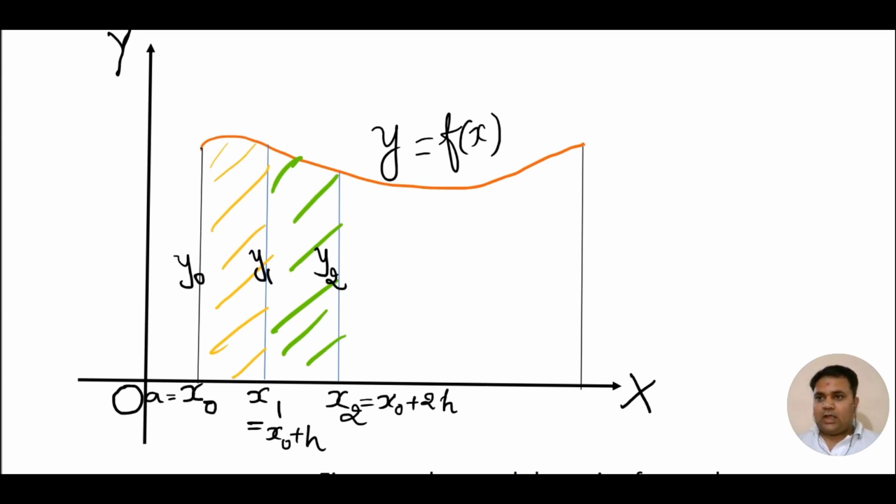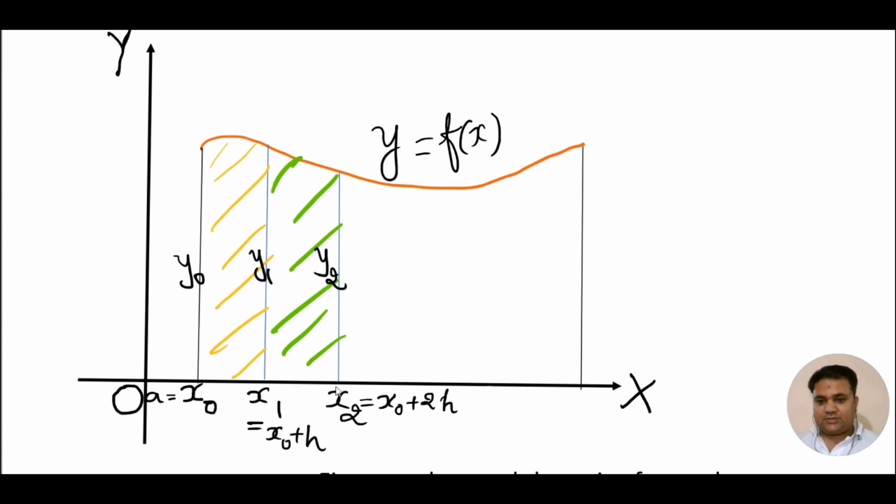Similarly, the next point x1 is nothing but x0 plus h, and x1 has the corresponding point y1. So y1 is the height and (x1, y1) is the point.